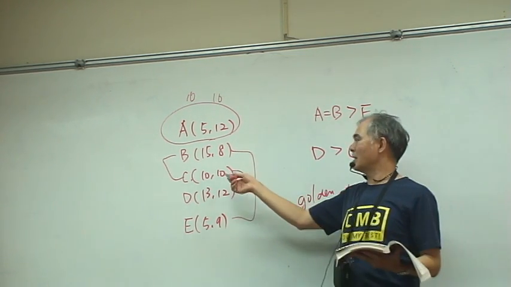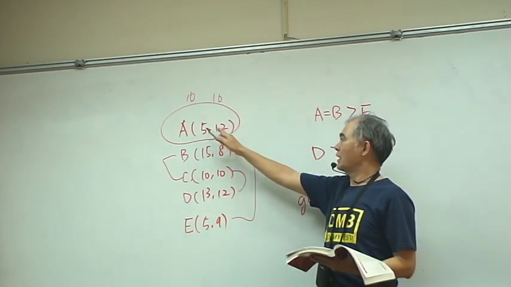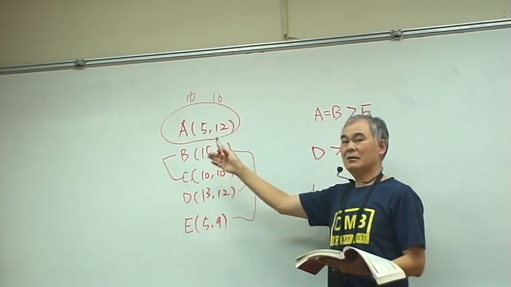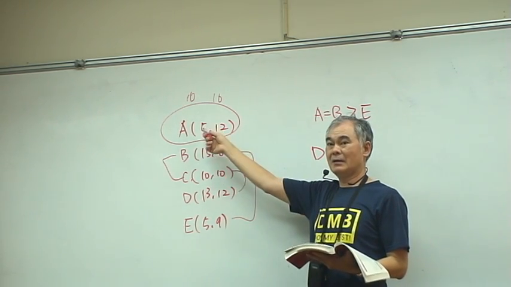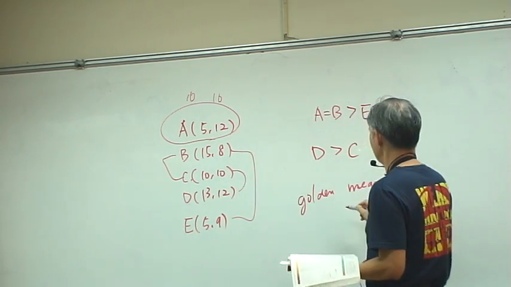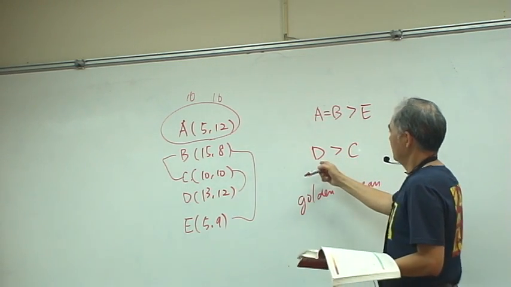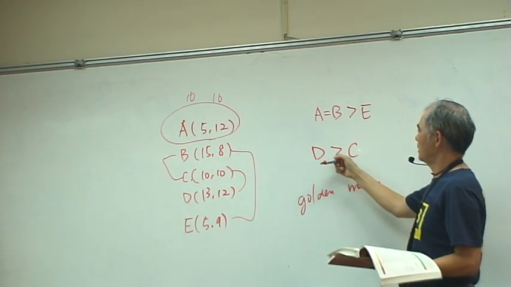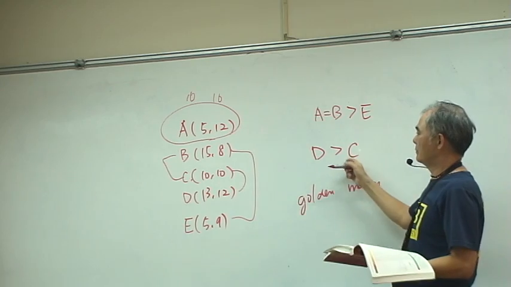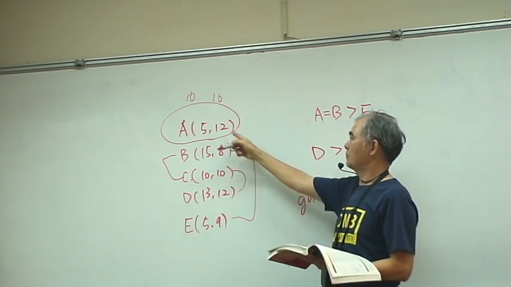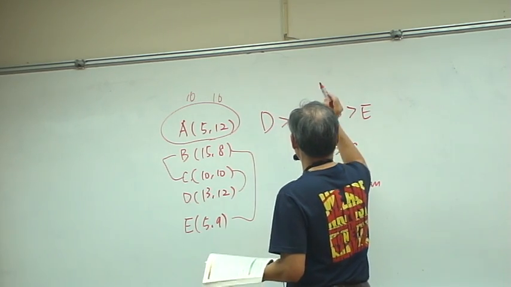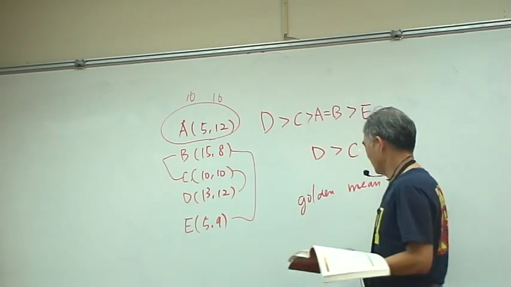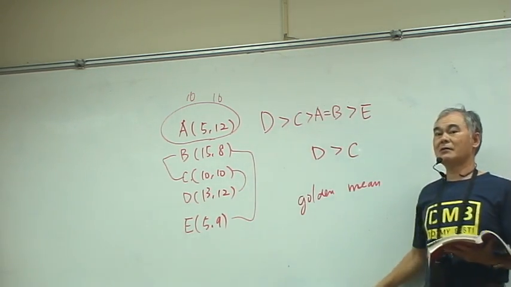So this one is at the midpoint, and this is at one extreme, and that's at the other extreme. So this one is actually better than A and B. So because D is better than C, and C is better than B, of course it's better than A. So D is better than C. Okay, so that's the answer to this exercise.